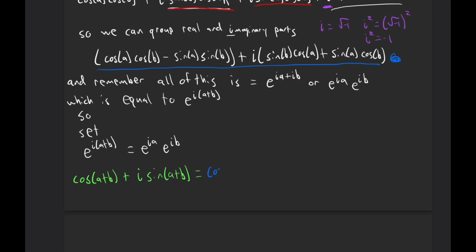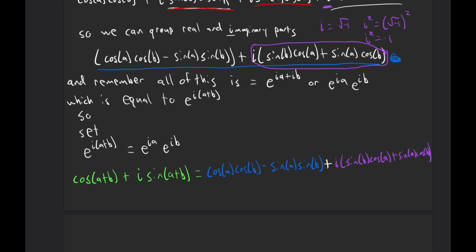That's all underlined in blue. So we can match up these real and imaginary parts. We have these real parts on the left, and then we have these imaginary parts over here on the right side. And that's going to be i times sine b cosine a plus sine a cosine b.